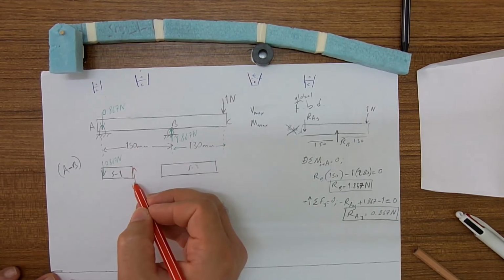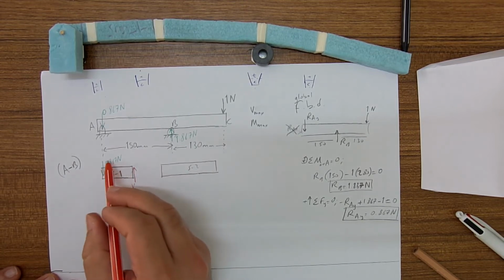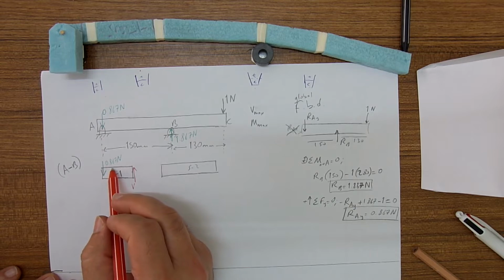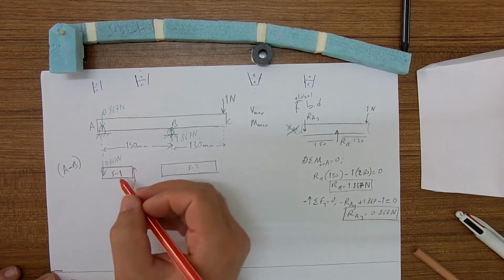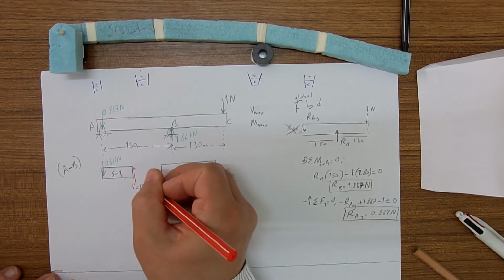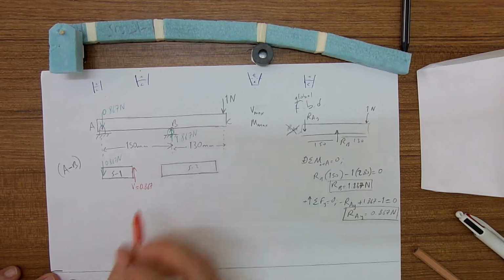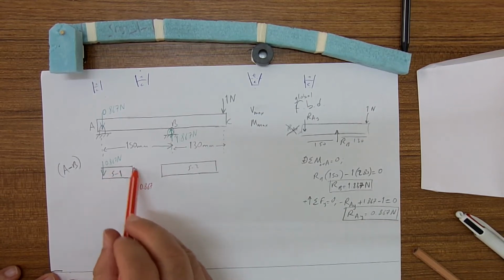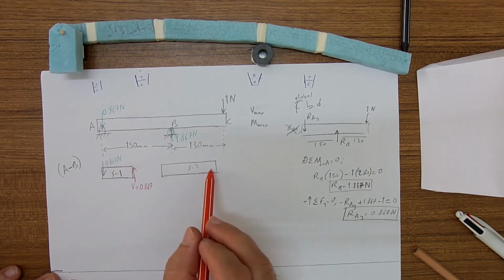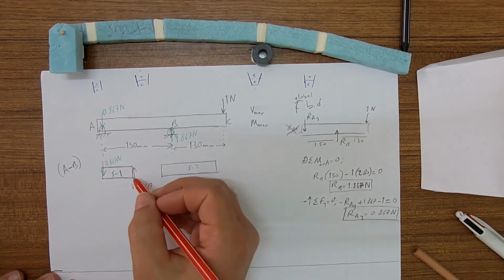The internal shear force has to be this direction because there is no external force except this, so it should be opposite and equal. Don't forget we always work on the left segment, not right segment, when it comes to drawing shear moment diagrams.